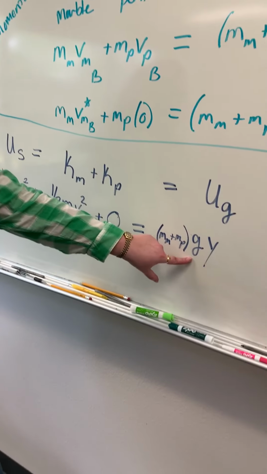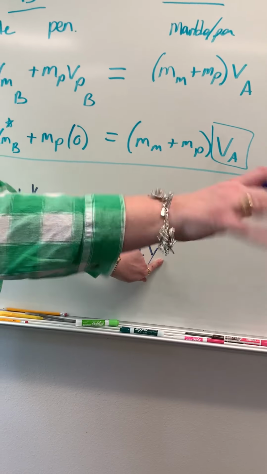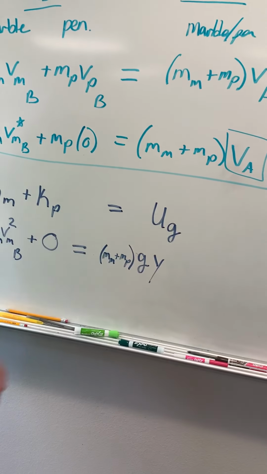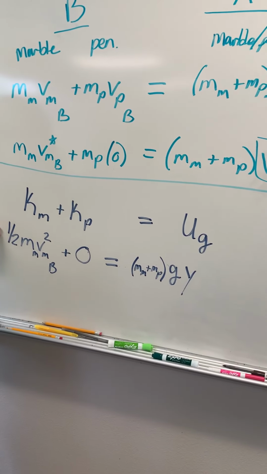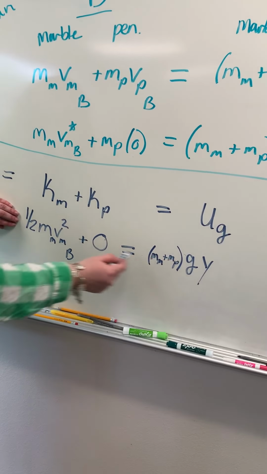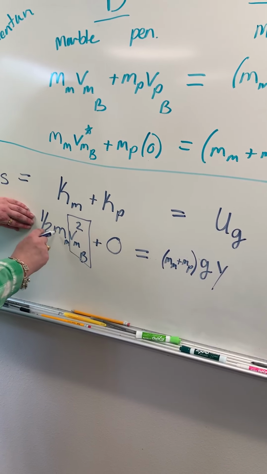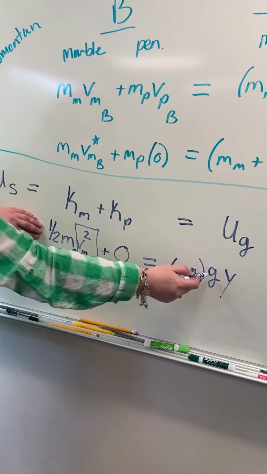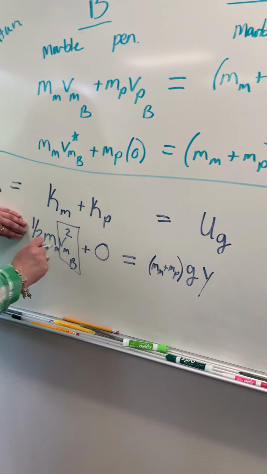We know gravity is 9.8 because we're on Earth, and then the height, that's what you solved for earlier in our little packet before. So you can actually use this equation. You would just use this part. You can use this equation to solve for your velocity, because we have mass, we have mass, we have mass, we have gravity, and you have height. So we can solve for our velocity.